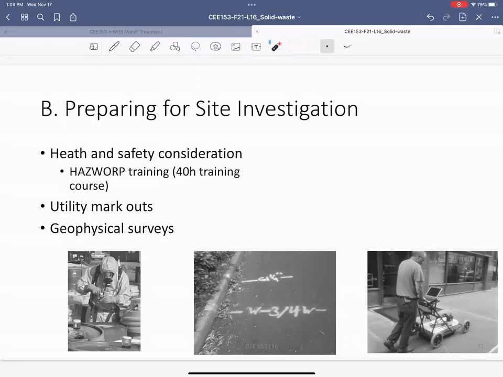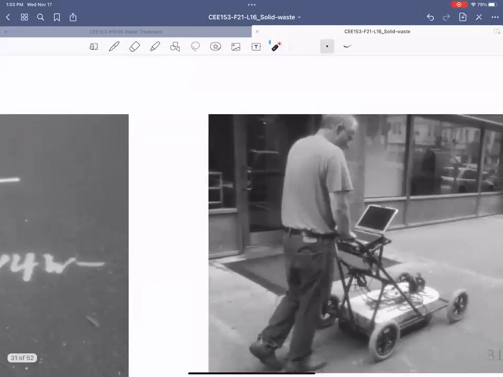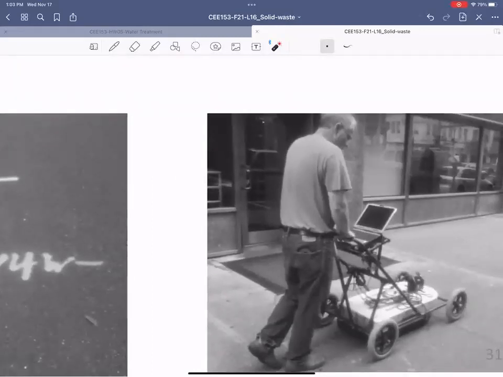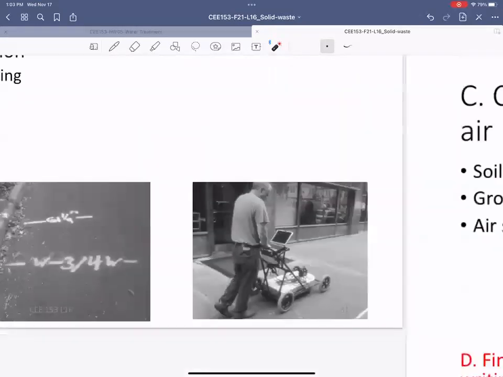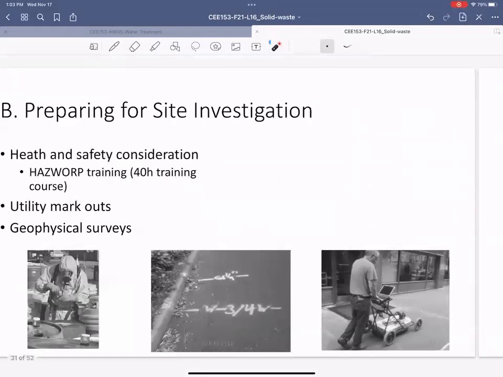A lot of times you also have in situ monitoring. If you see that guy, what he's doing is using radar to understand the soil properties, how porous it is, and where the groundwater is, how far it is from the surface. That way you can do the assessment. Then you do the marking like this, so that you can come back and do digging if you need to.